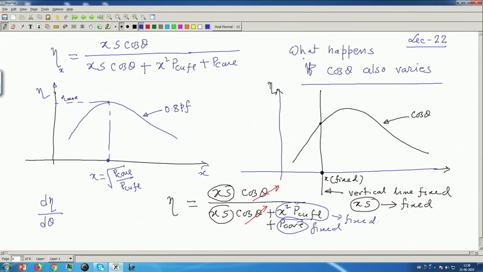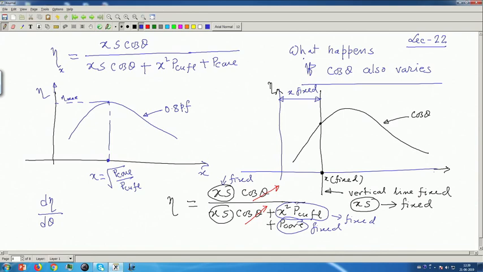At a given x, with x S kVA the transformer is handling, tell me at what power factor efficiency will be maximum. So, to do this, x S I will keep fixed, that is this line, x is fixed, and vary theta. Other things are fixed.